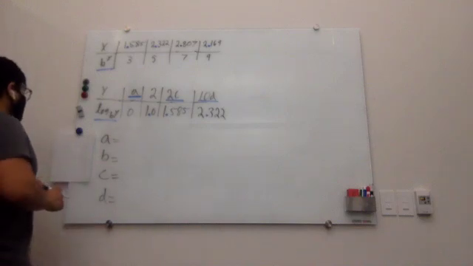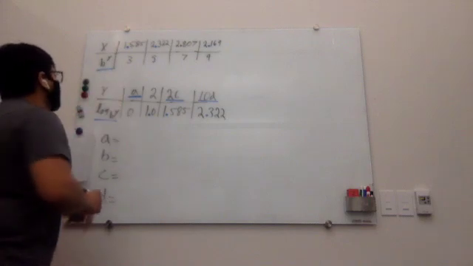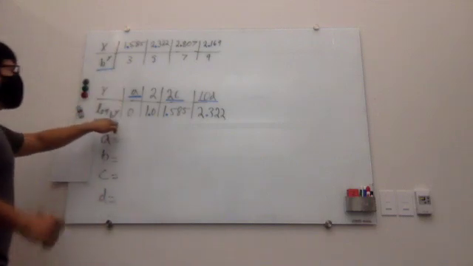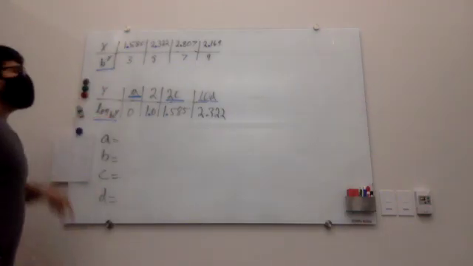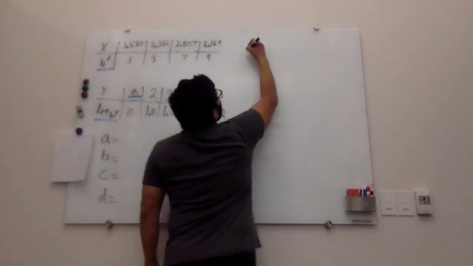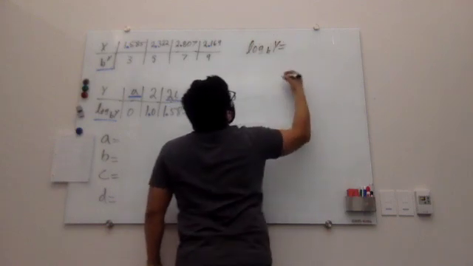So starting off, let's take a look at our first input right here. We have log base b of y. When y equals a, we get 0. So log base b of y equals a.